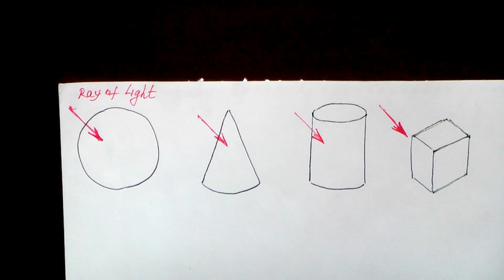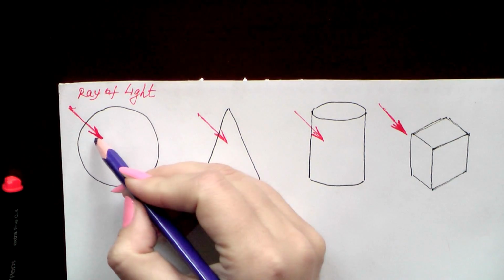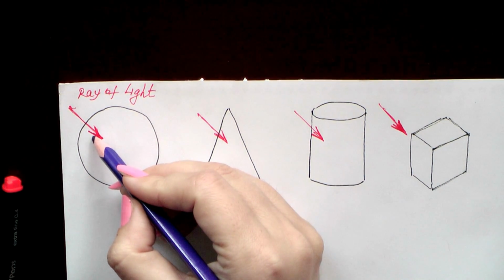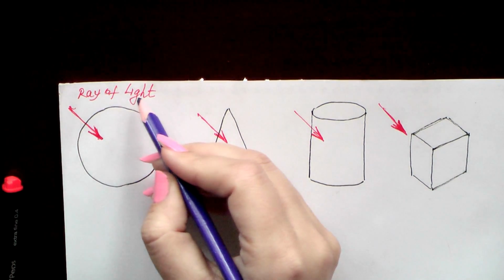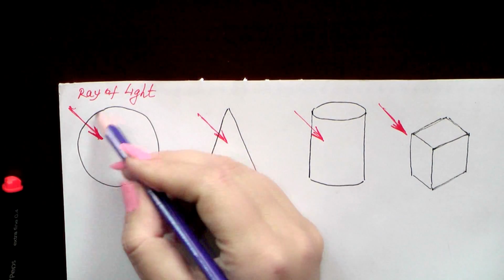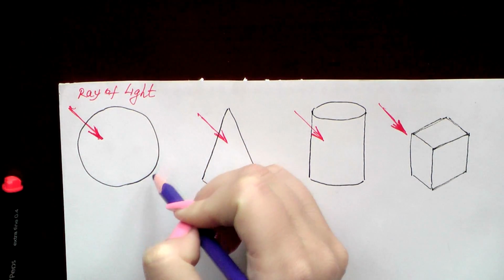So on each object we will have a highlight, a light, a mid-tone, core shadow, a reflected highlight, and cast shadow. So this is the lightest part, where the ray of light meets the surface of our sphere.